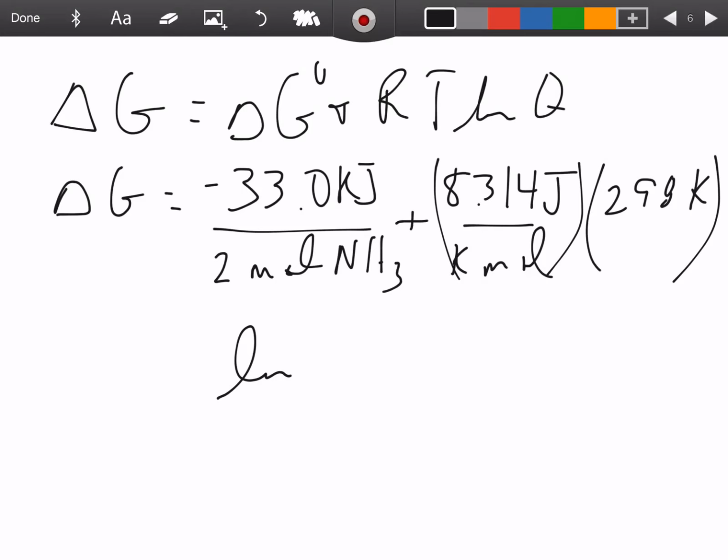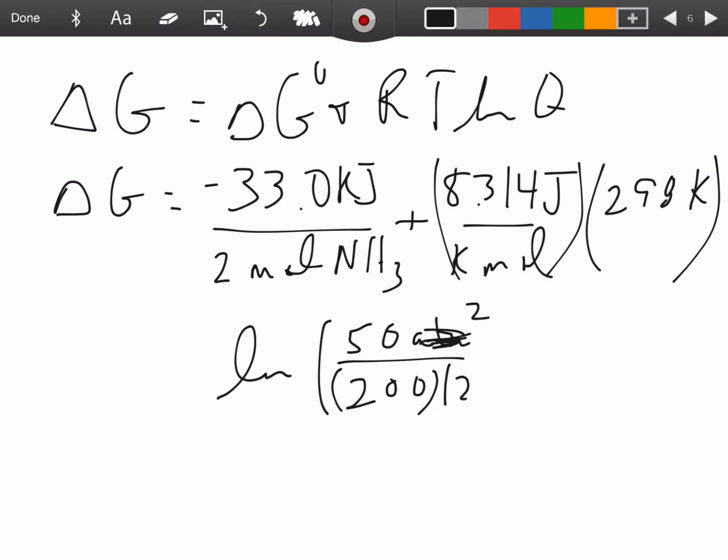So the products in this case was the ammonia, and the ammonia was at 50 atmospheres, and we're going to square that. Actually, I don't need the units in there at all because those units are essentially going to go away. So 50 squared divided by the reactants, and each of the reactants was 200, so it was 200 for the nitrogen, and then it was also 200 for the hydrogen, but hydrogen needs to be cubed.